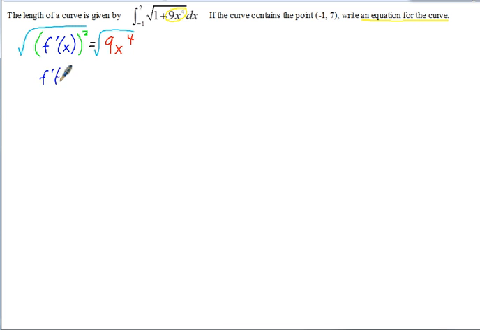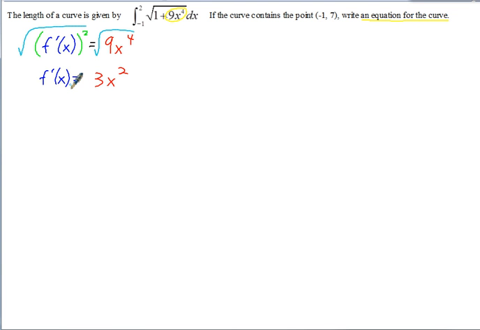That'll give you f prime of x, square root of 9 is 3, and square root of x to the fourth is x squared. Now technically when you take the square root of both sides, normally you put plus or minus, so it could be either positive or negative. But notice it says write an equation for the curve, not the equation for the curve. So there's more than one possible right answer, but it's easiest probably to use the positive version of it. But if you put negative, that's fine also.